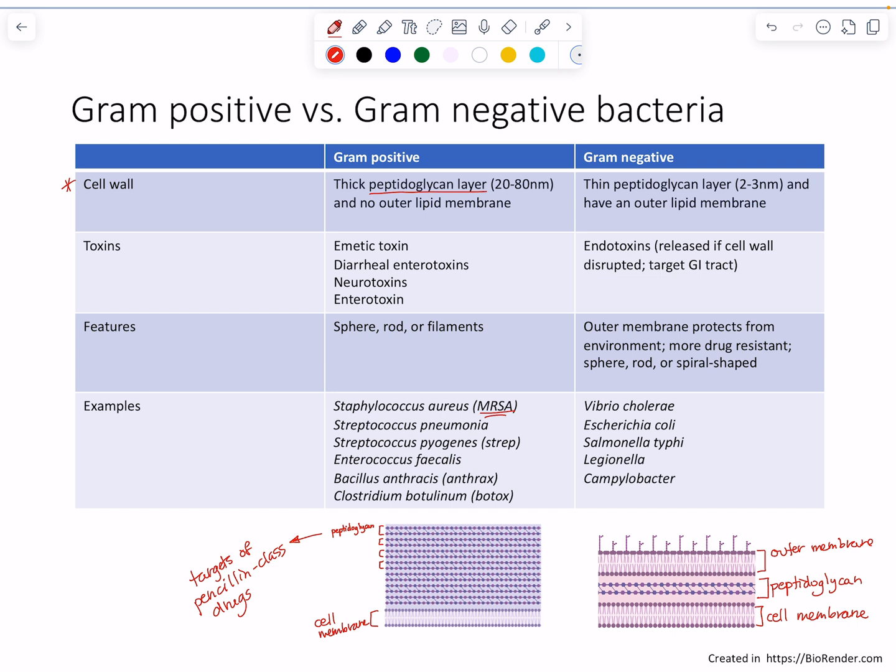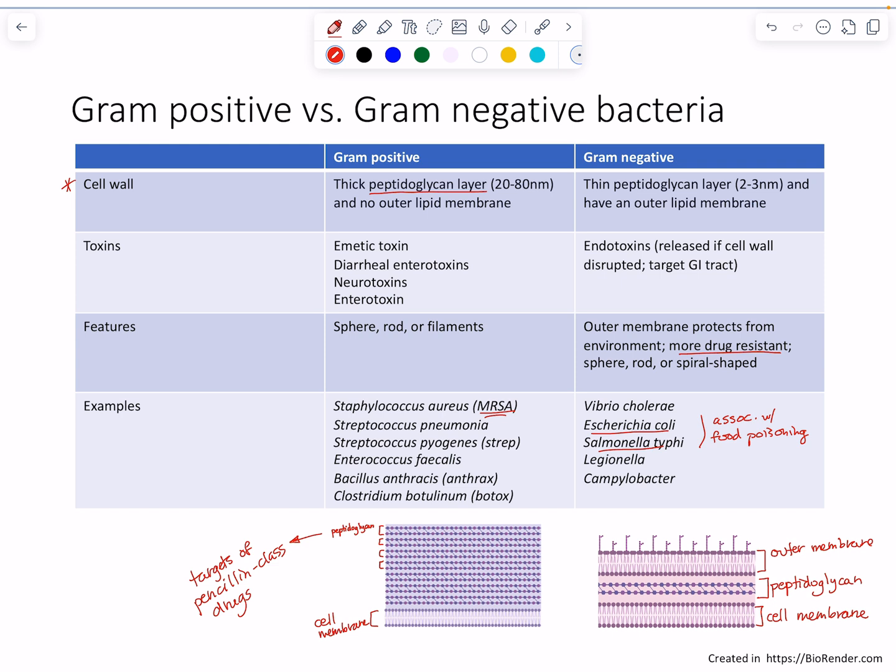You'll notice things like E. coli and salmonella, the things that are associated with food poisoning, tend to be gram-negative bacteria. These tend to be more drug resistant, even though MRSA is the thing that we mostly think of as our classic antibiotic resistant bacterial strain.